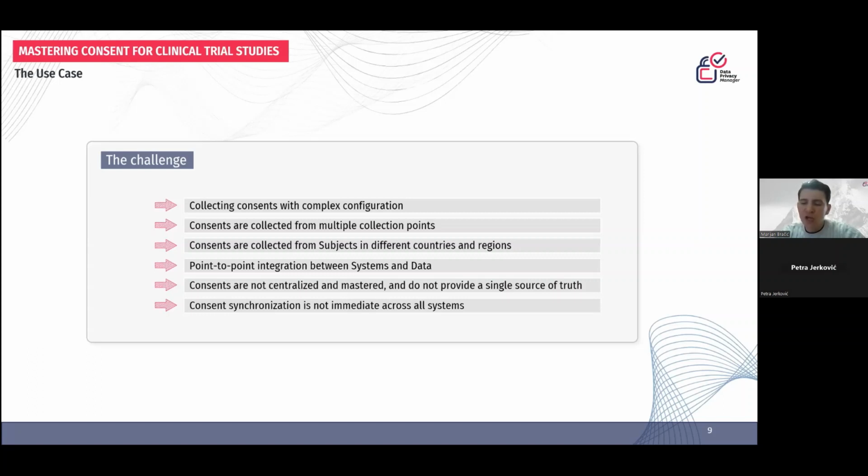So the challenges I have mentioned are all present, and everyone who wants to use data in a responsible way will feel all these challenges.